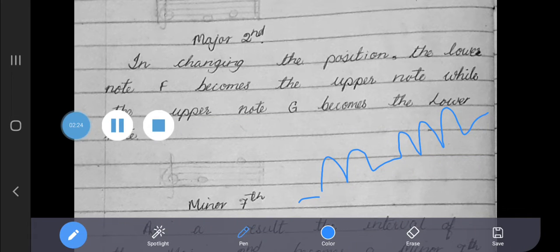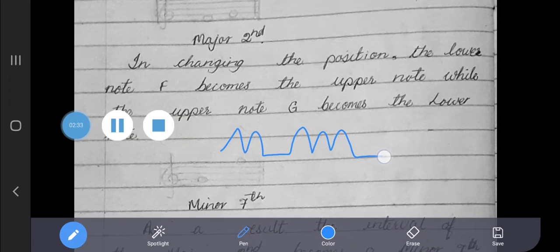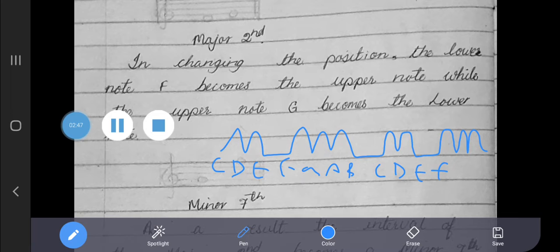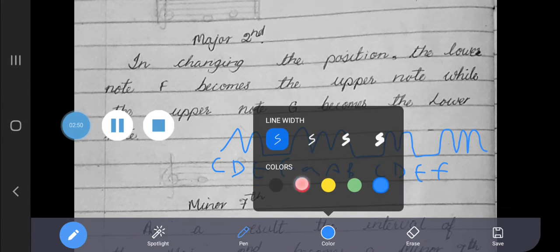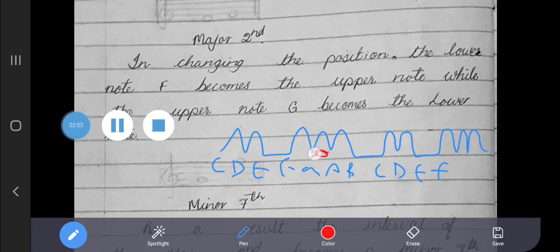G to F. We count 1, 2, 3, 4, 5, 6, 7, 8, 9, 10.